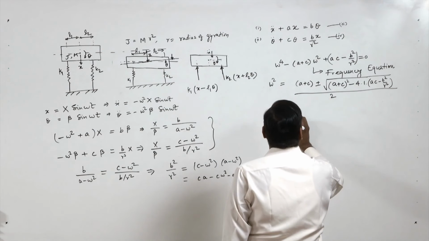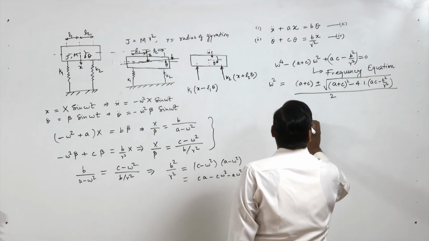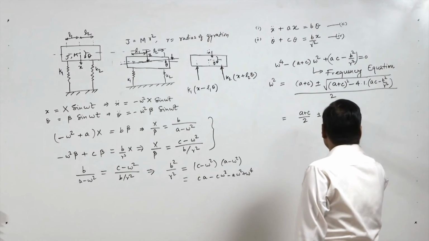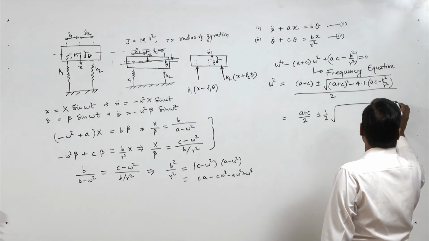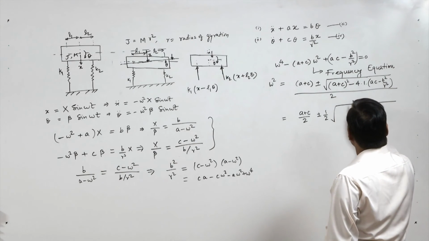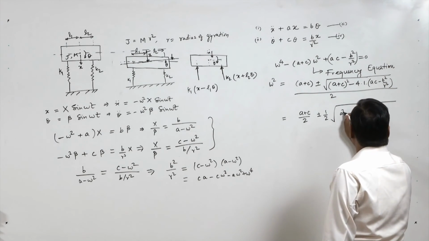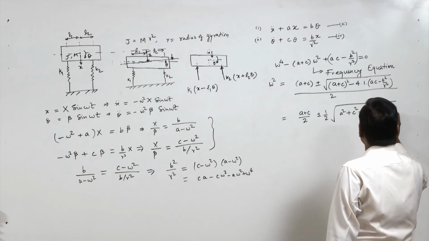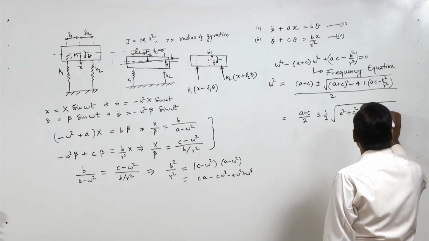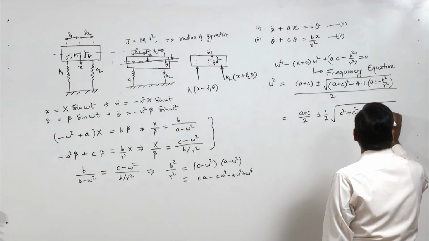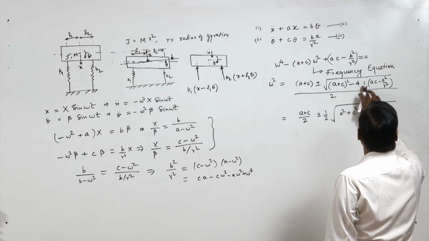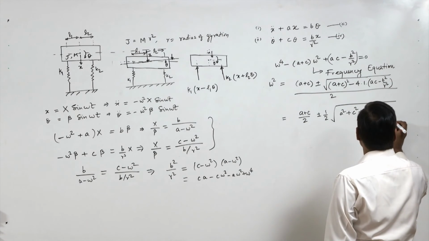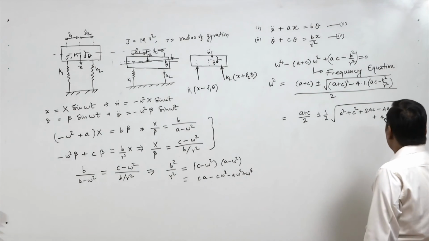So now we have a plus c by 2 plus minus 1 by 2 under root a plus c whole square, so a square plus c square plus 2ac, minus 4ac, and plus 4b square by r square.